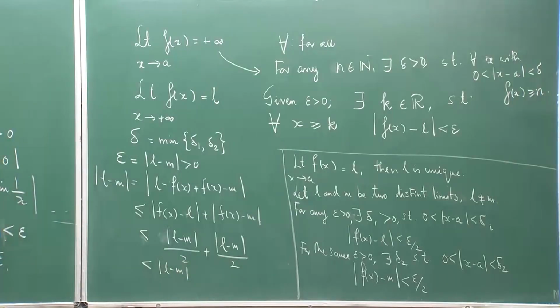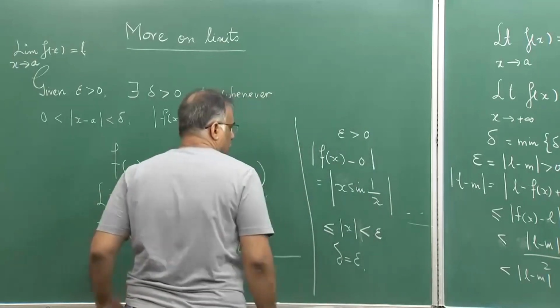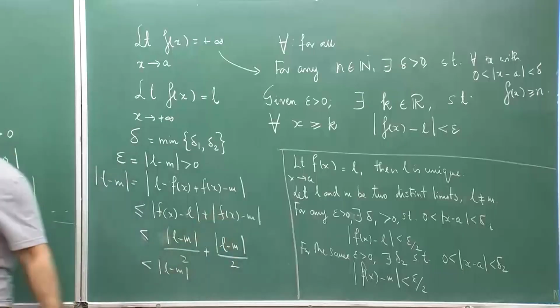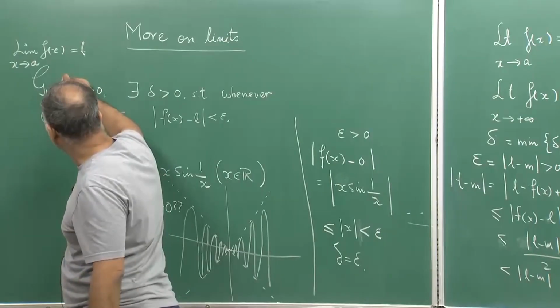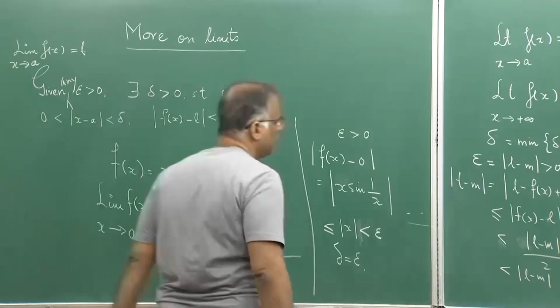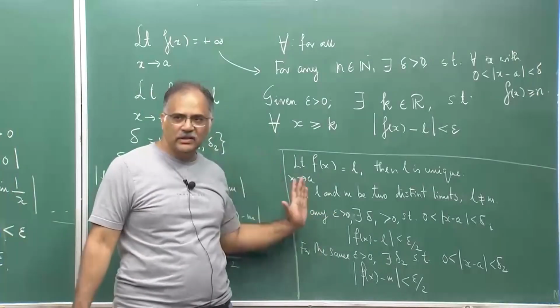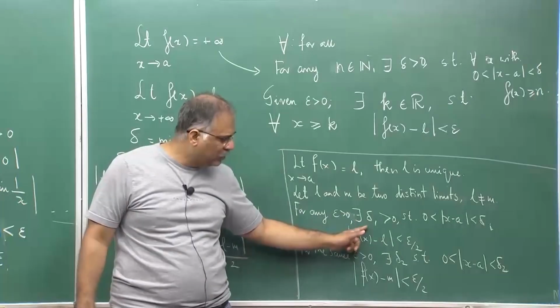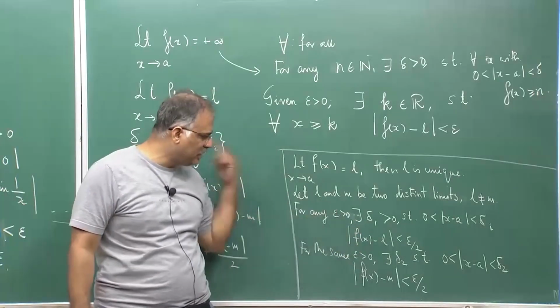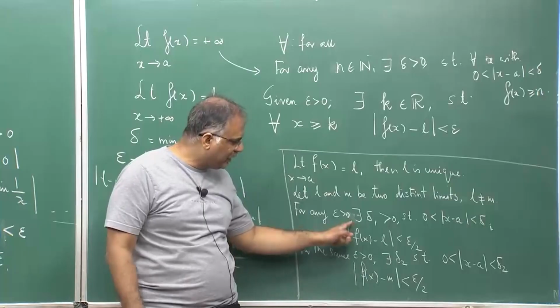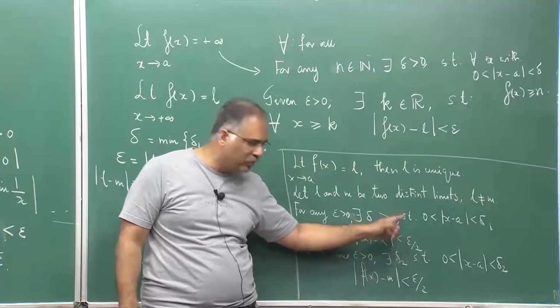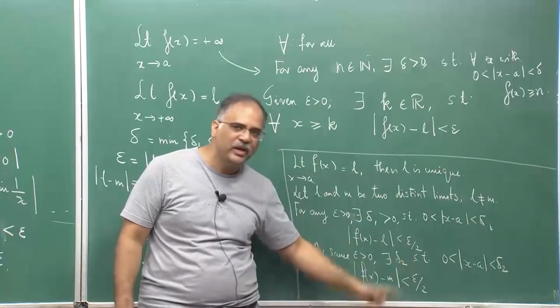Now, somebody might suddenly get confused that I have suddenly chosen epsilon equal to |L minus M|. Observe the very statement here. If you want to be more precise, I should write here: given any epsilon, whatever be my epsilon, I do not care, as long as it is greater than 0, no matter how small, there would always exist a delta 1. So, if I put epsilon as |L minus M|, there exists a delta 1 for which this will happen with |L minus M| by 2.